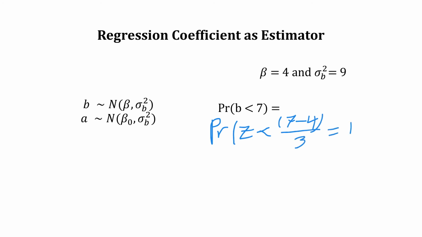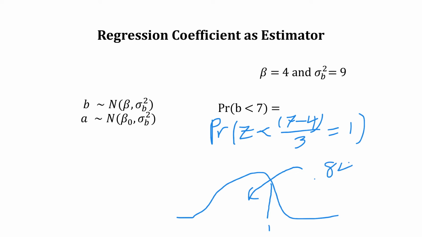That's equal to 1. Then we want to find that probability in the table, so I draw the picture and find in the table the probability of being less than 1, which is 0.841.